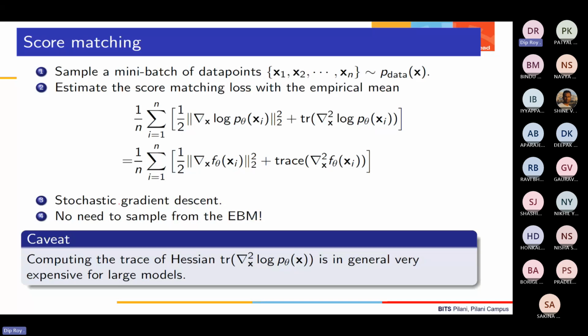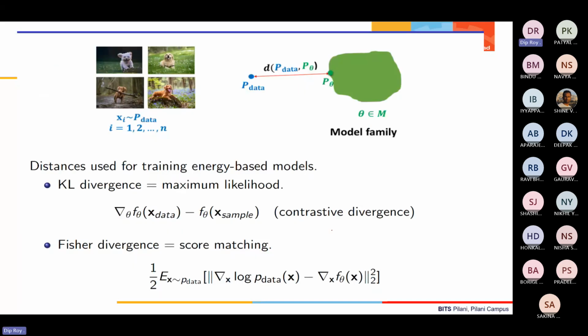You do stochastic gradient descent, and there is no need to sample from the EBM. Okay, and obviously the caveat is that computing the trace of Hessian in general is very expensive for large models. Okay, so this is one technique where you don't need to sample from your EBM.